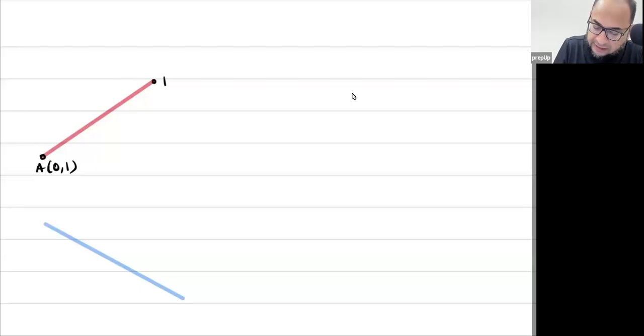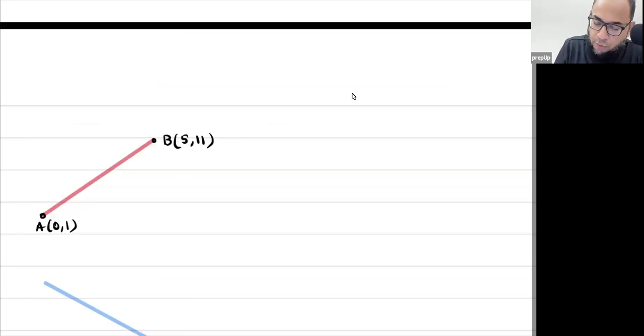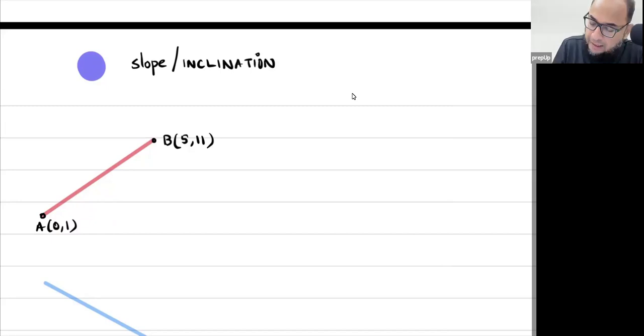Let me label this as B 5, 11. And now I am introducing the concept of slope, inclination, rise over run, and gradient. That is the official name.